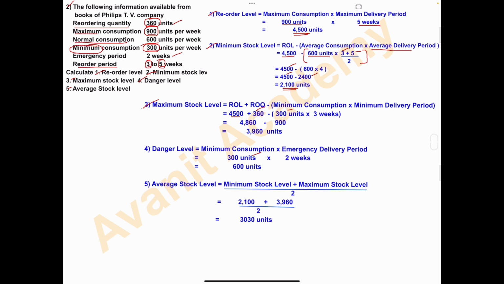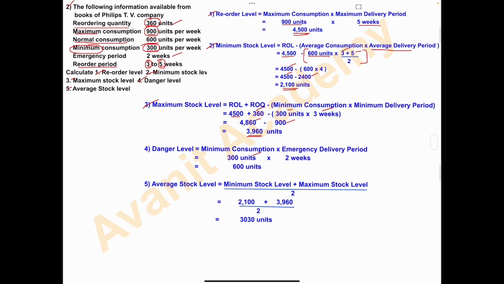Minimum delivery period is 3 weeks. Now add this 4,500 plus 360. Total is 4,860 minus 300 into 3, that is 900. 4,860 minus 900, and the final answer is 3,960 units. Maximum stock level is 3,960.